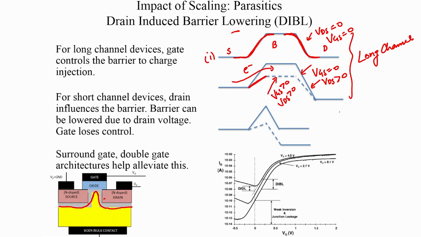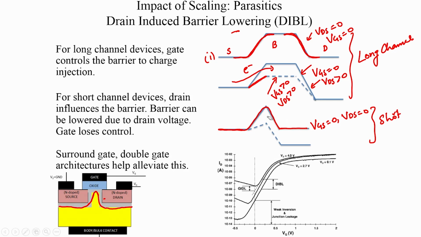So the band bending at the condition when VGS is equal to 0 and VDS equal to 0 for a short channel device would look somewhat like this. Of course, I have used straight lines simply because it is easy to draw, but you could imagine a very strong interaction between the depletion region at the drain side and the depletion region at the source side.